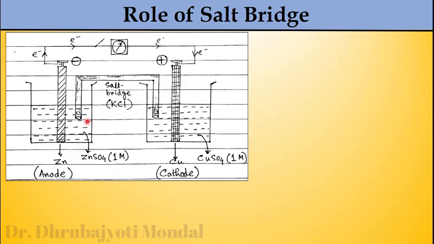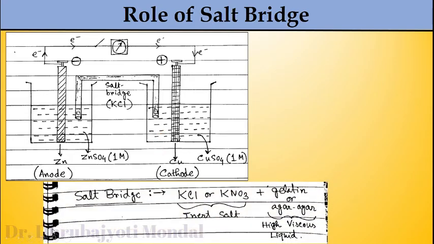As you can see, this is the salt bridge, and in the bracket I have written KCl. So in the salt bridge, KCl is used. First you have to know what the salt bridge is. Salt bridge is composed of one inert salt and another highly viscous liquid.